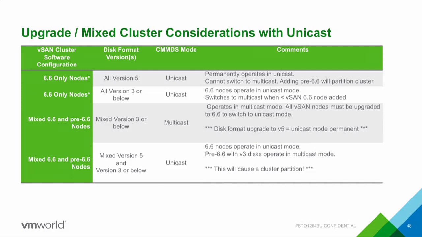It's just a behavior that allows us to do the upgrade where we have mixed nodes, some of them running 6.6, some of them running 6.5 or 6.2. They'll continue to talk multicast. But the point is, as soon as I've done the on-disk format upgrade to version 5, you're only ever going to talk unicast from that point onwards. Okay?